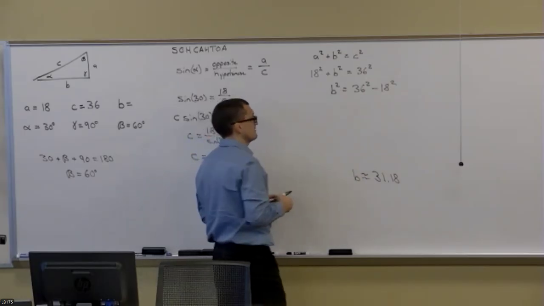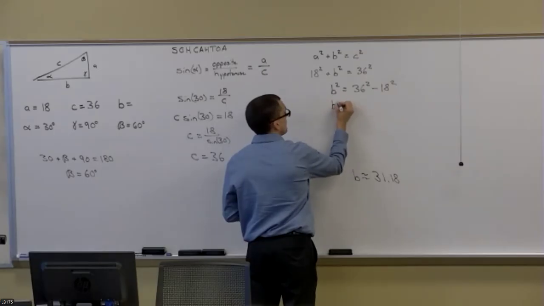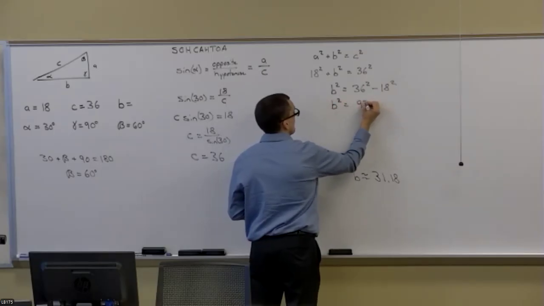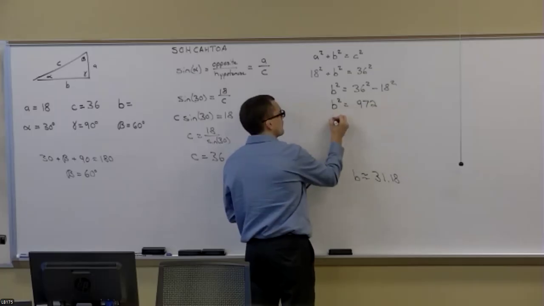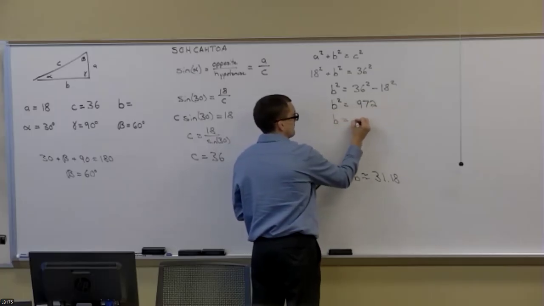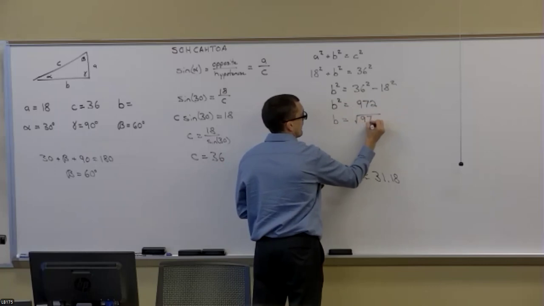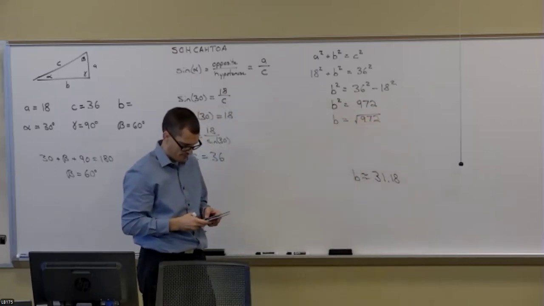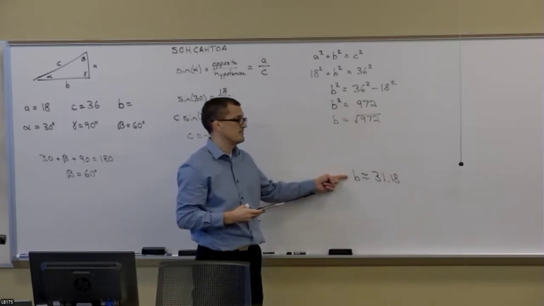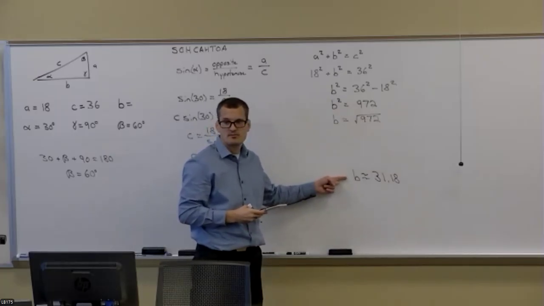That's 972. So B is the square root of 972. Which is exactly the value we got here. Right?